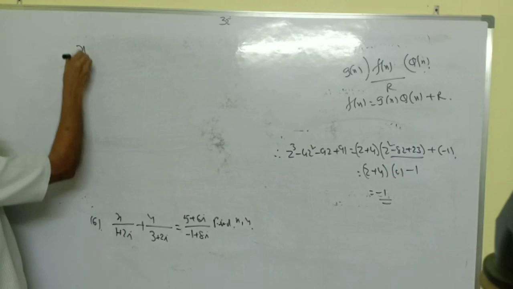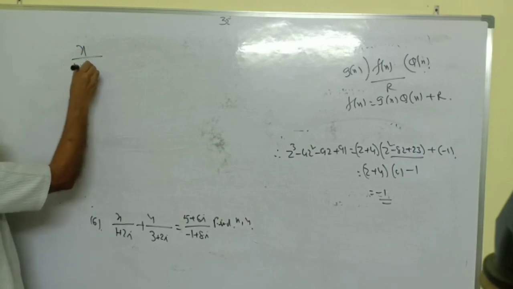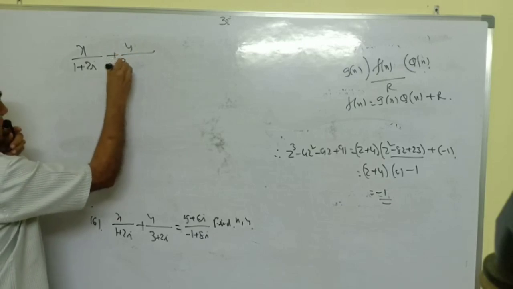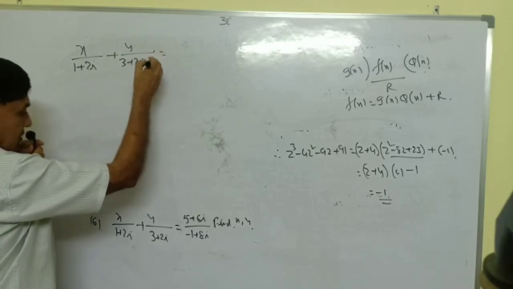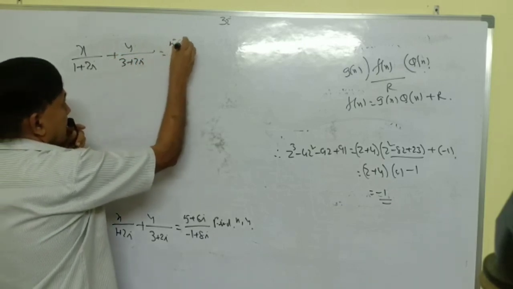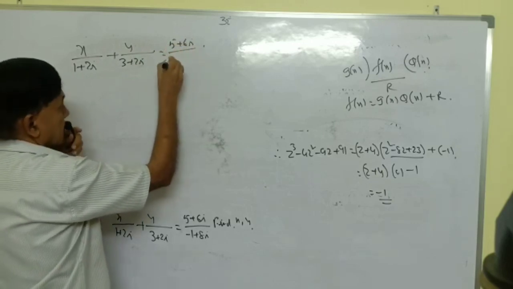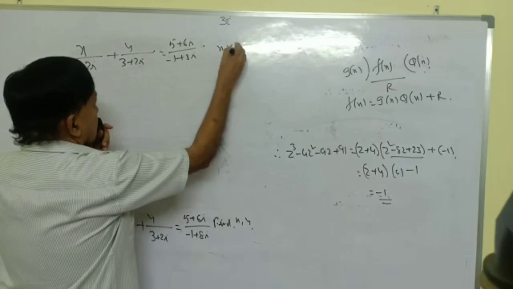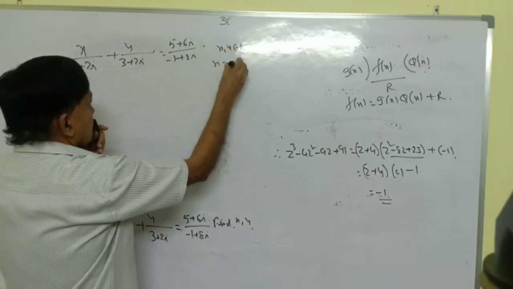The next question is x by 1 plus 2i, y by 3 plus 2i, 5 plus 6i by minus 1 plus 8i, x comma y belongs to R. What is x? What is y?